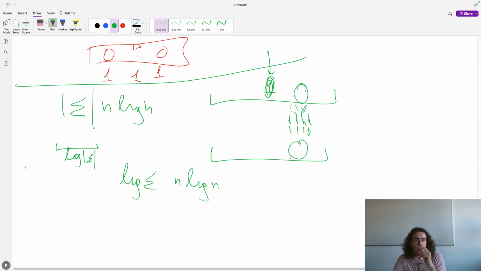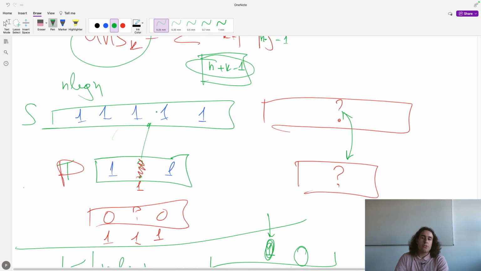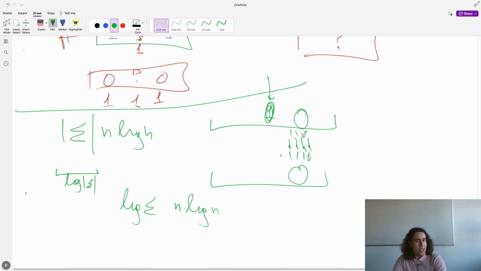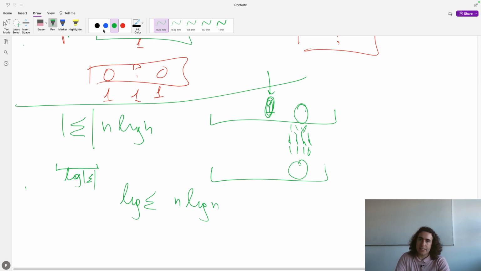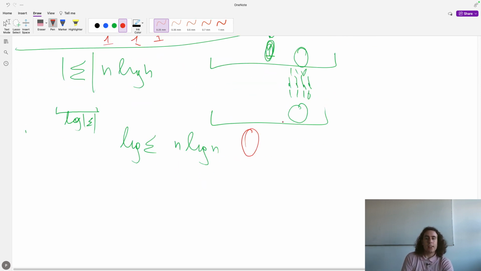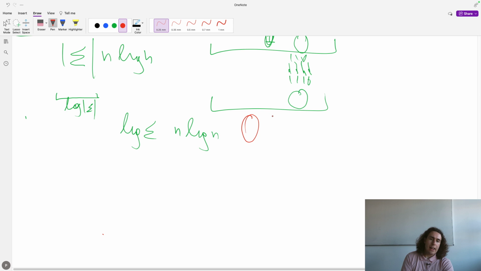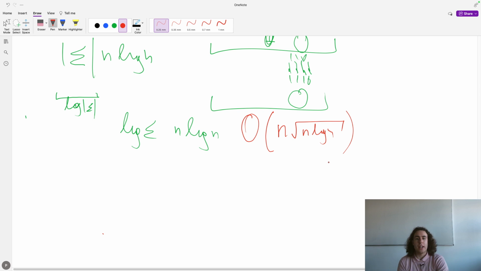But note that this way we're not going to find, so before we found for every position where we put p, how many characters match. And here we're only going to learn whether it matches or not. And as an exercise, you can think how we can use square root decomposition to solve this problem in time n square root of n log n.